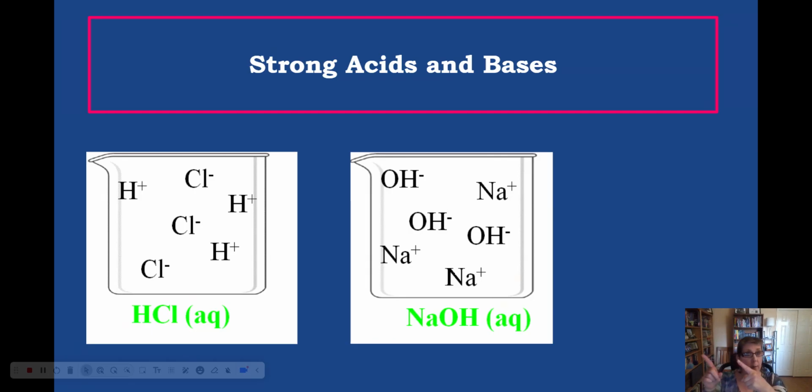Now let's look at the NaOH. We have Na+ OH-, Na+ OH-, Na+ OH-, all apart into ions. Again, all of it is ions because it's strong and it dissociated 100%. You're going to be drawing these pictures for this chapter, so look at those really well.